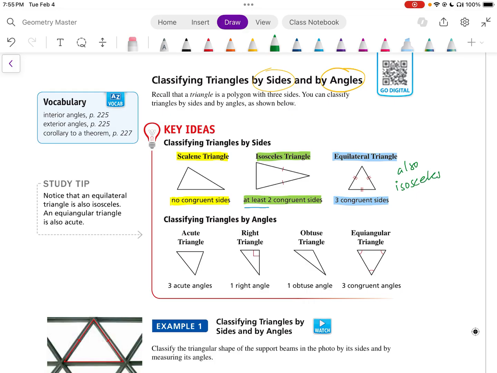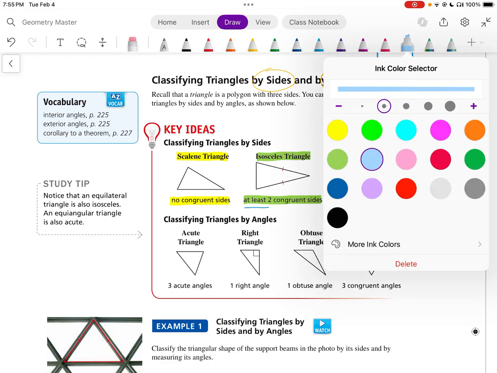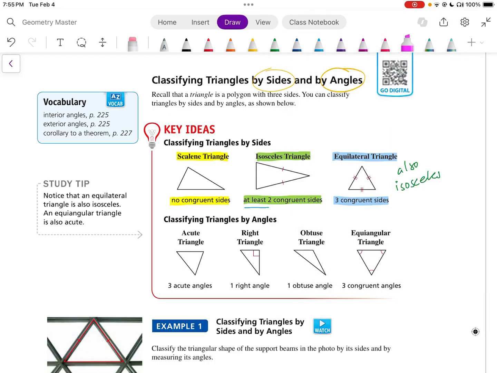We can also classify our triangles by their angles. Any triangle that has all acute angles, all three angles acute, and if we recall, acute means they are between 0 and 90 degrees.